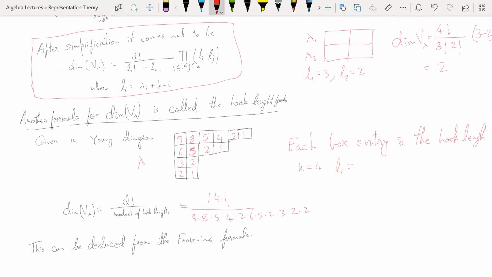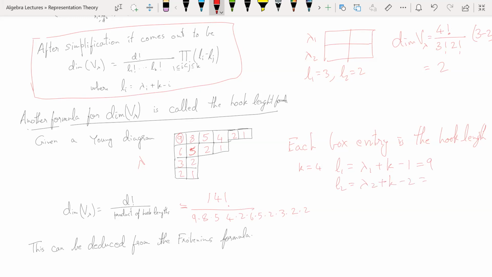L1 is lambda 1 plus K minus 1. Lambda 1 is 6, plus K is 4, 10, minus 1 is 9. So you see L1 is this entry. L2 is lambda 2 plus K minus 2.